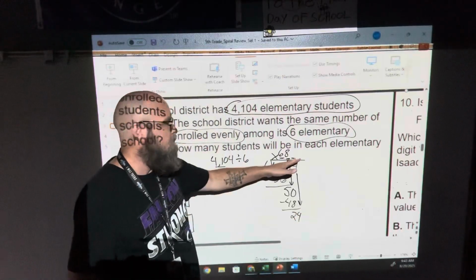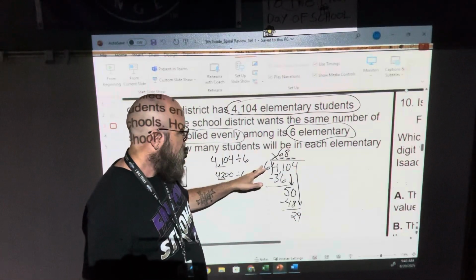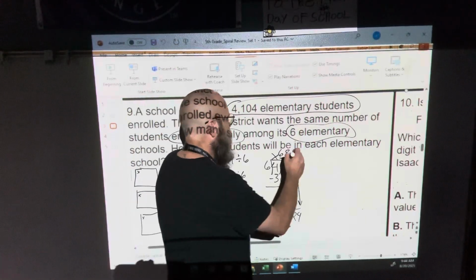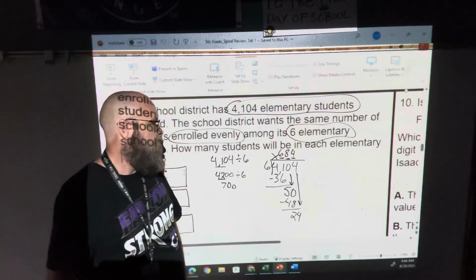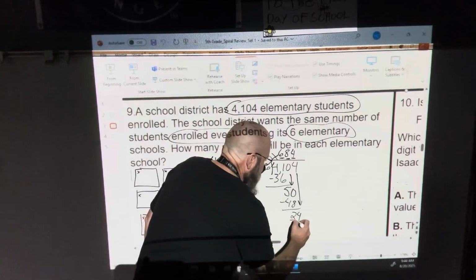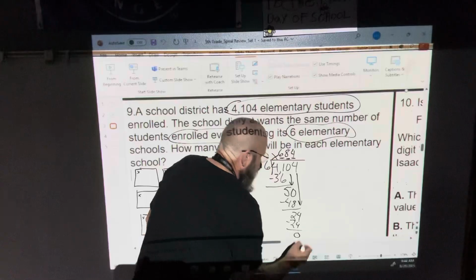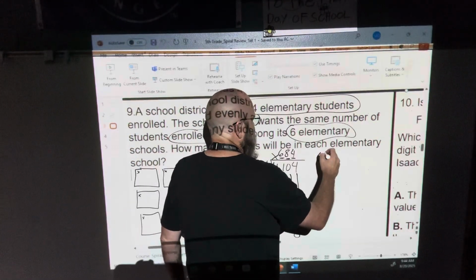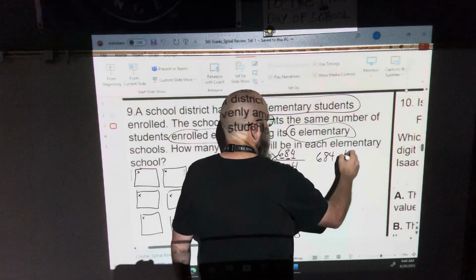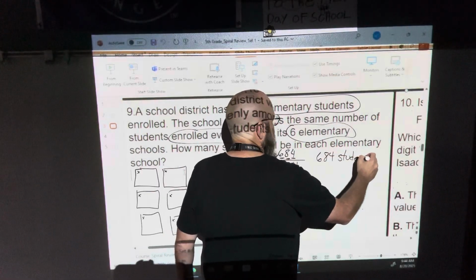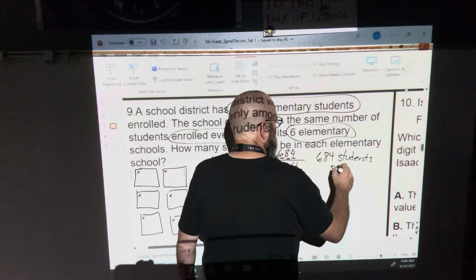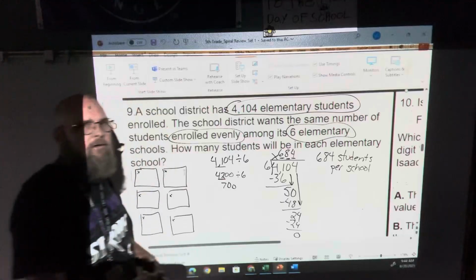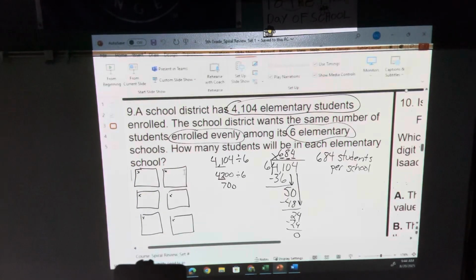Now I have the ones place. 6 goes into 24. Well, 6 times 4 is 24. We put there 24. We subtract, and we get 0. So each school is going to have 684 students per school.